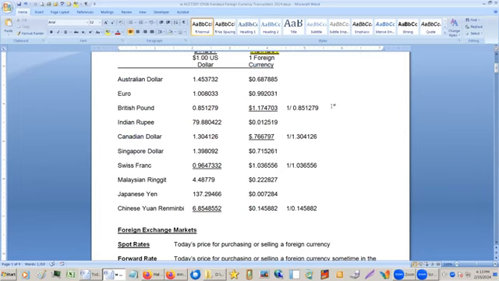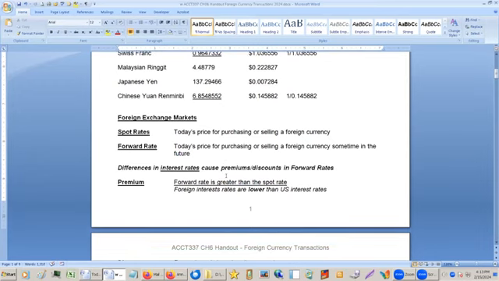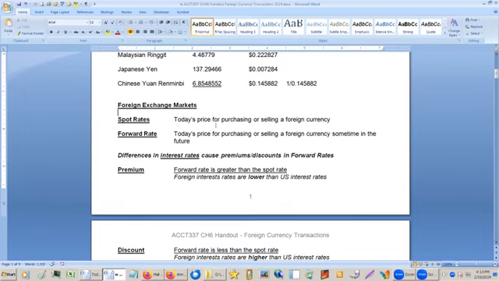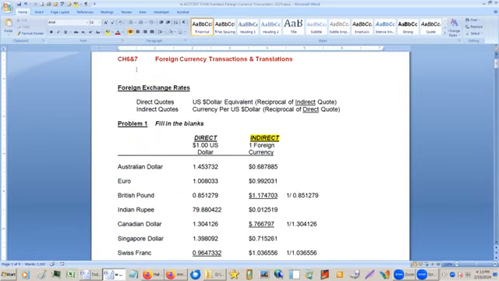Okay, all right. So that is okay. Okay. So these are the exchange rates.